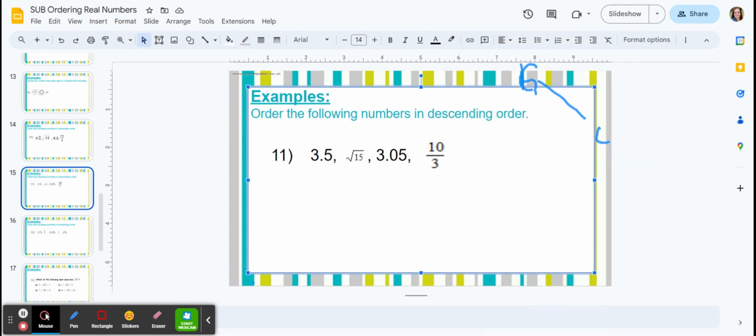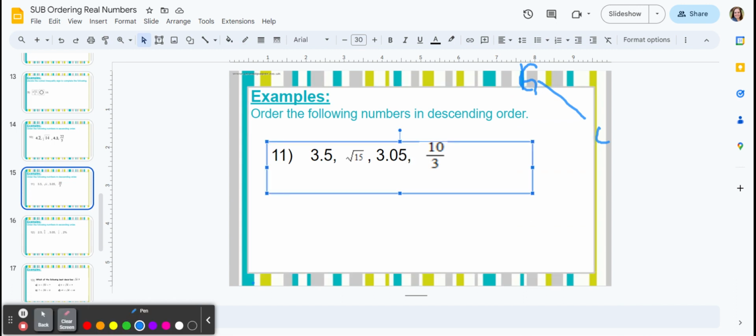So if you notice, a couple of things we're going to talk about is that we have a tenths place and the hundredths place. So let's put them both in the hundredths place so that we're comparing the same type of number. So we're going to call this 3.50. This is already the same, which is 3.05. So now they're both in the hundredths place.